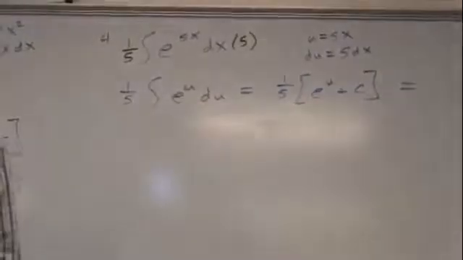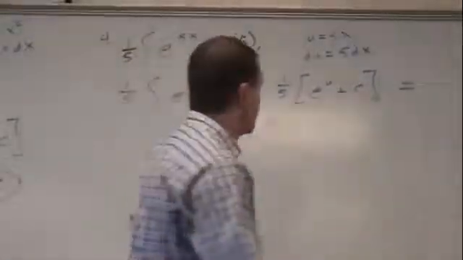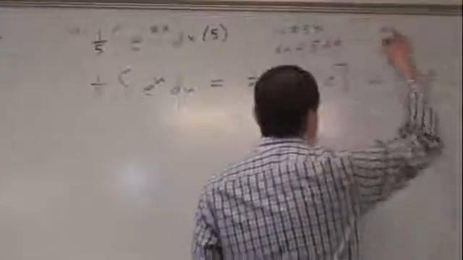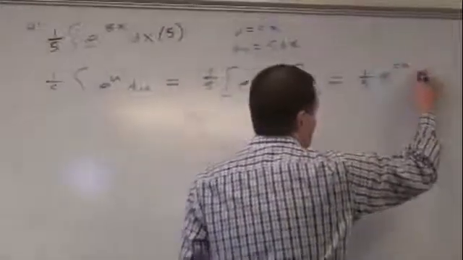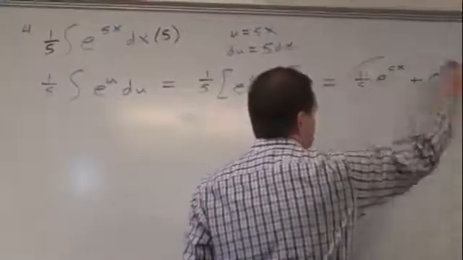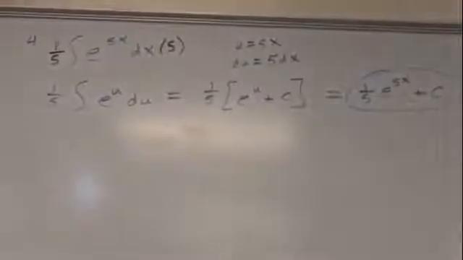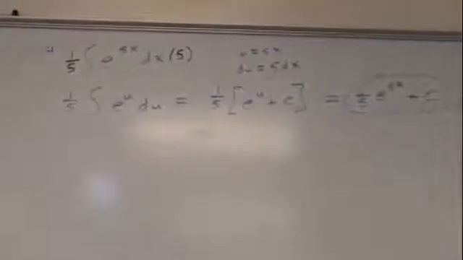That's 1/5 e to the 5x plus your constant of integration. Now, with this problem, please do keep in mind, we had other techniques to do it, but substitution worked.